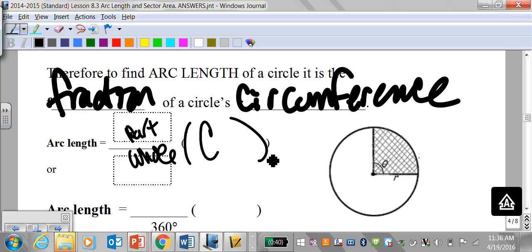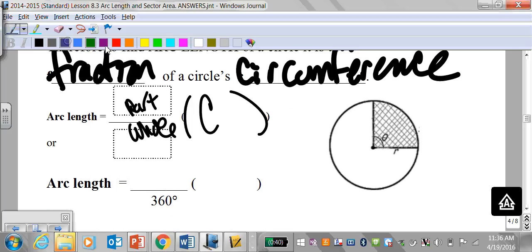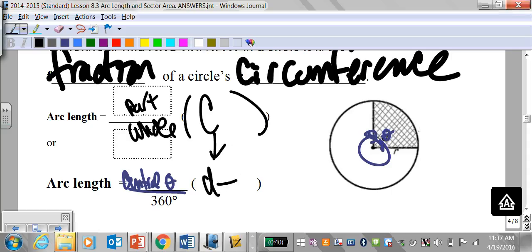I'm just going to use a giant C there. Our part starts the same way. It's central angle theta over the whole degrees, which is 360. Behold, that is how you find arc length.